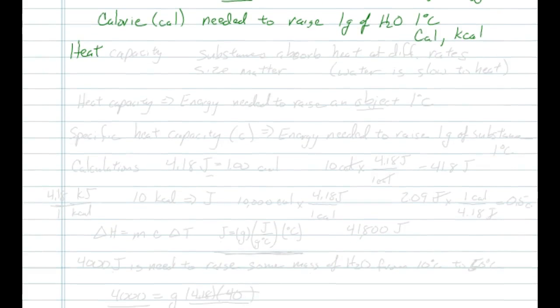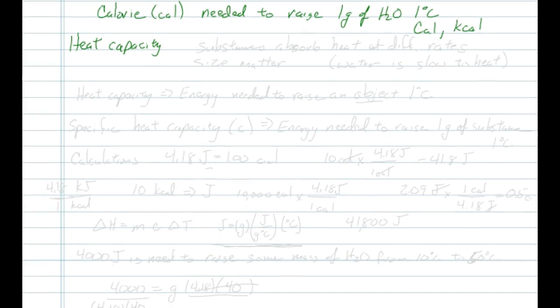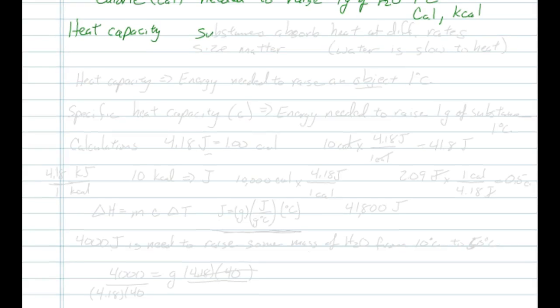Heat capacity. Different substances absorb heat at different rates. You notice this in the summer with walking barefoot on pavement and walking barefoot on grass. So the pavement absorbs heat more.